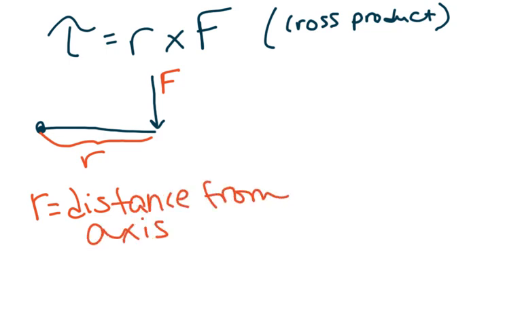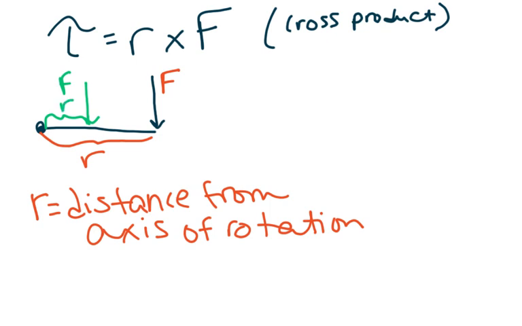Sometimes it is the full radius, sometimes it's not. In the example shown, it would be the radius of this motion. But if I were to put the force over here, then my R becomes much smaller. So again, it's always the distance between the force and the axis of rotation.